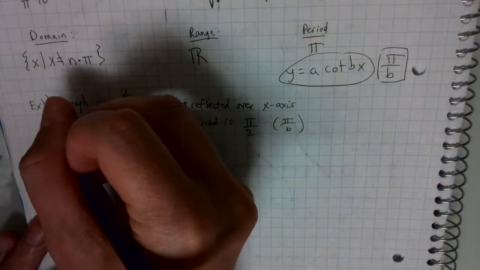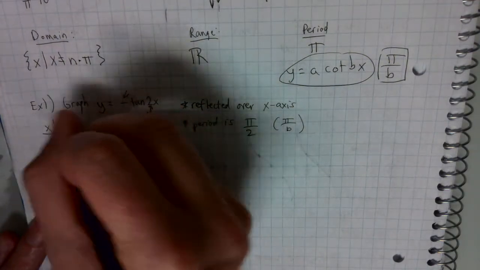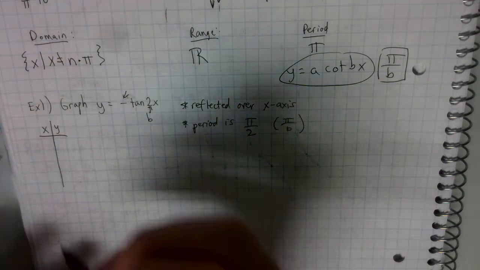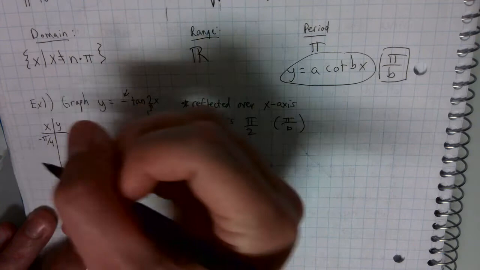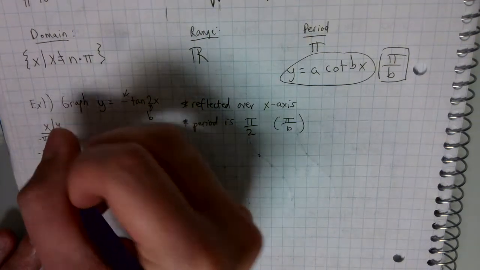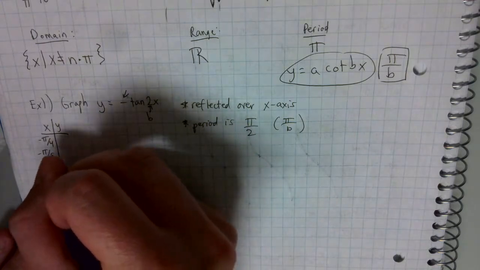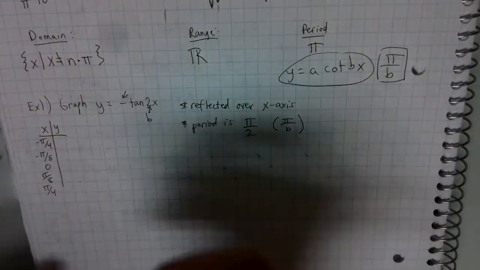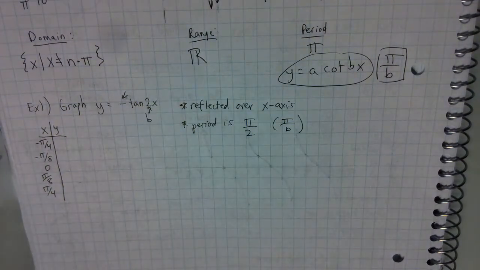So if we remember, the way that we graphed tangent originally was we started at negative pi halves. So we want to split that in half, and instead we're going to start at negative pi fourths. And then we're going to work our way to negative pi eighths, 0, pi eighths, and pi over 4. And to evaluate these, as you're getting used to this, just plug it in. Right?